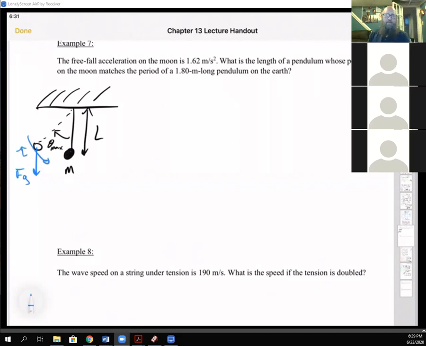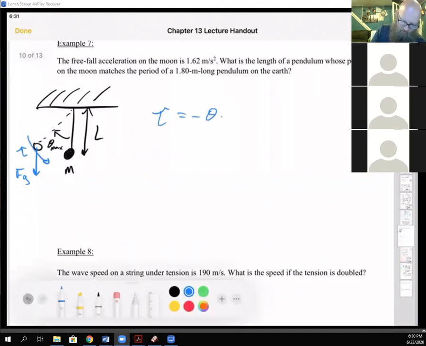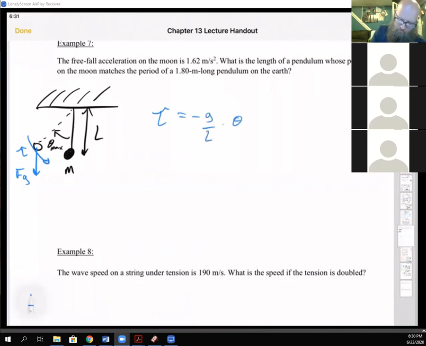And you can find that torque is proportional to minus theta times some constant. I think it's g over L times theta. All right, which looks a lot like force equals minus kx. Don't quote me on that. This may not be exactly right.